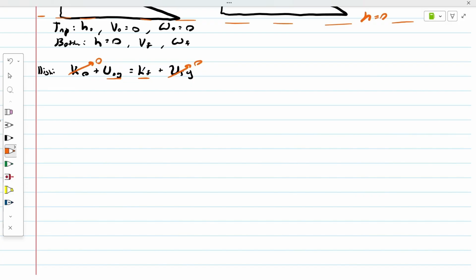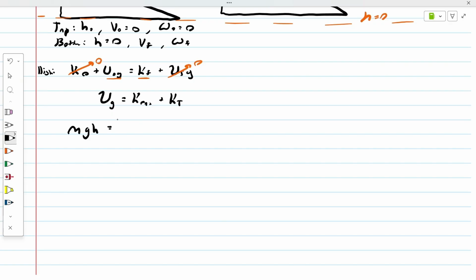Okay, and so we can rewrite these now as our U sub gravity and the kinetic energy final, which as we talked about is the final rotational energy plus this kinetic translational energy. And so we know gravitational potential energy is just mass times gravity times height, and this height is going to be h naught, which we'll just call h in this case.